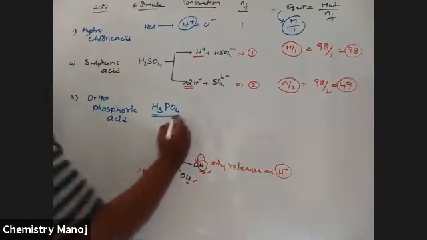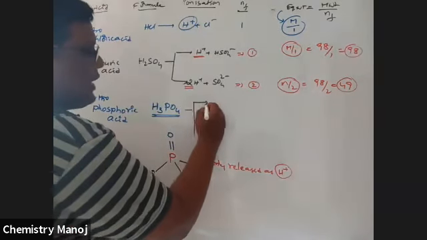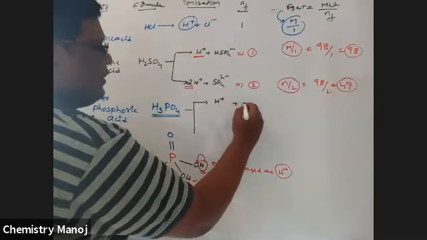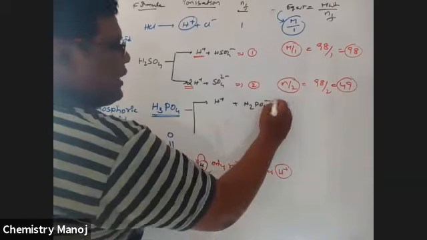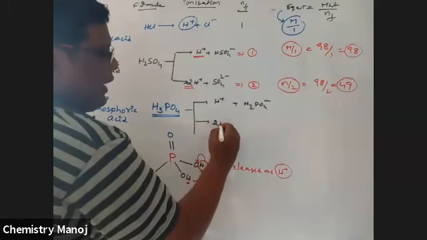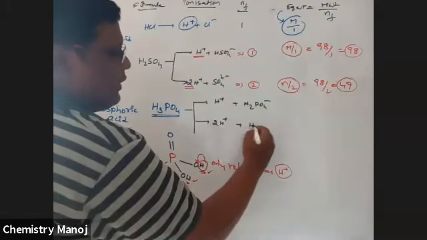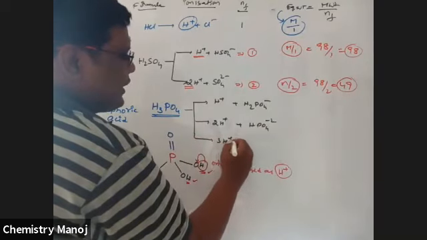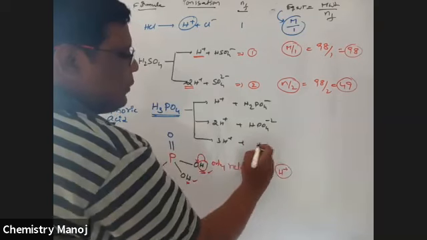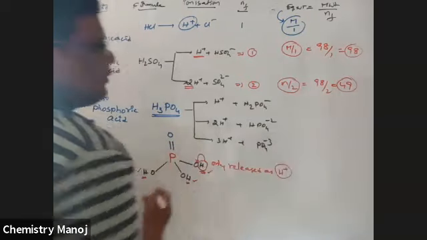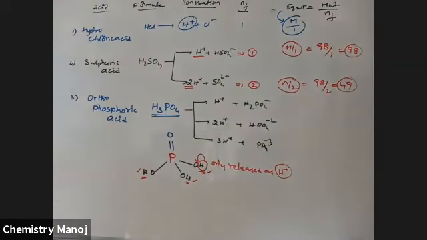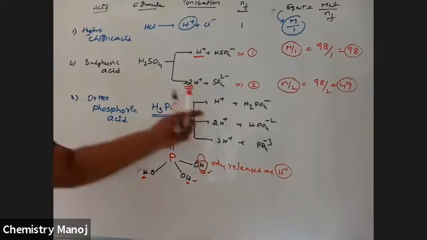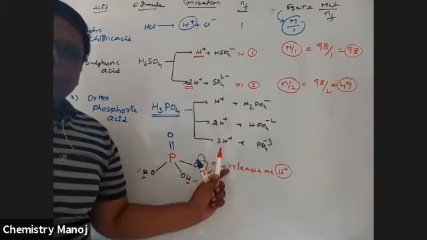That means this H3PO4 may split as H plus ion and H2PO4 minus ion, or may break as 2H plus ion and HPO4 2 minus ion, or 3H plus ions and PO4 3 minus ion. These are the three ways to break the H3PO4. Maybe one H plus ion, or two H plus ions, or three H plus ions.